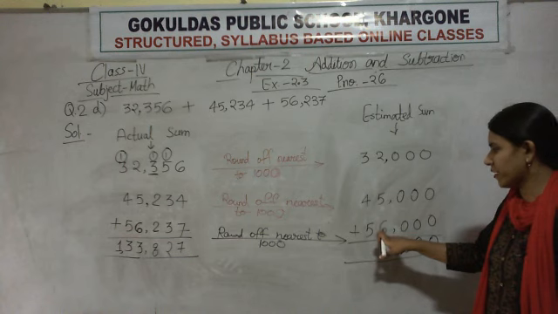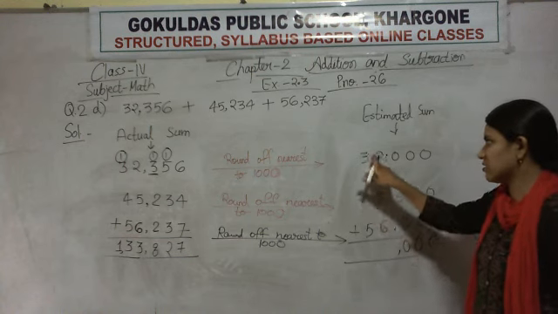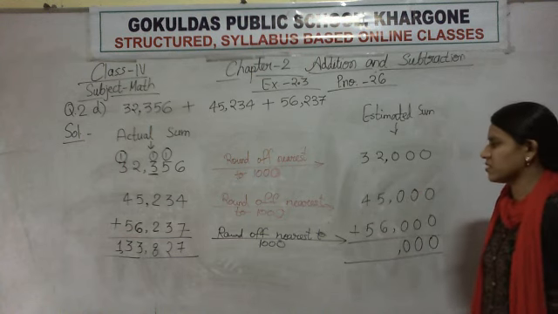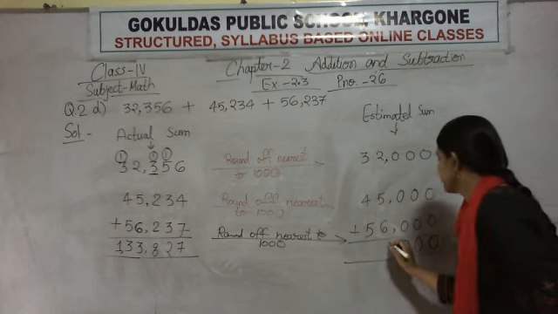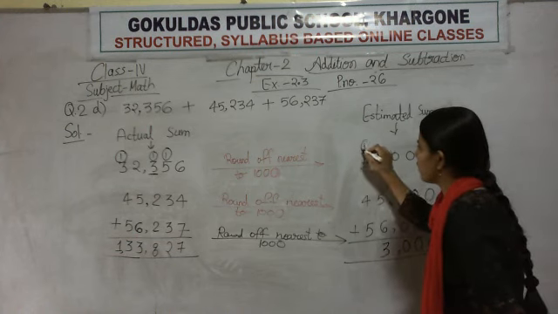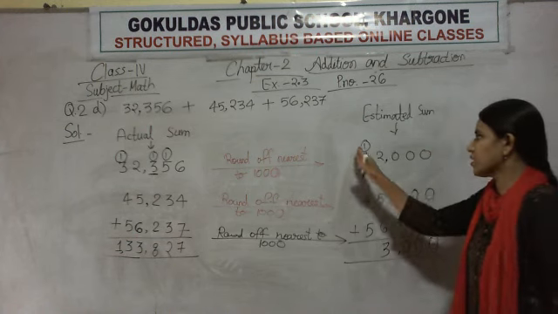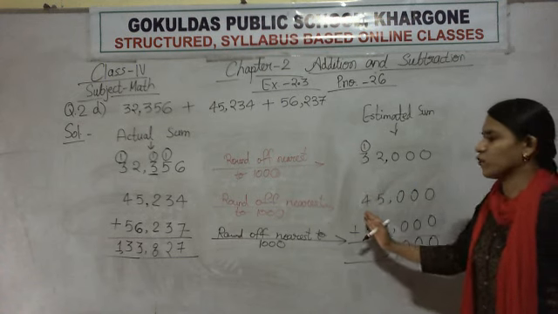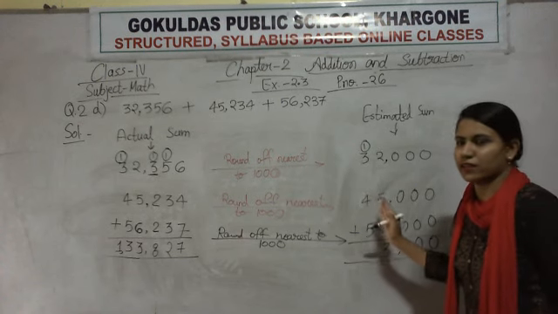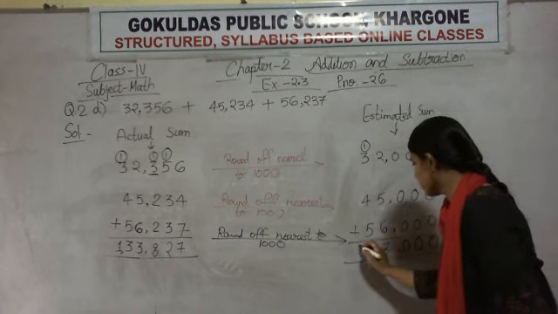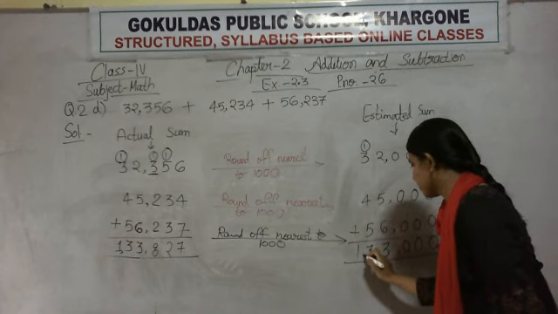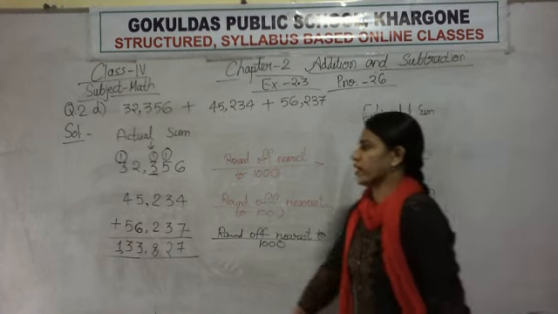You can count on fingers or you can draw these sticks to count. You will write 3 over here and 1 is regrouped with the next column. 1 plus 3 is 4. 4 plus 4 is 8. 8 plus 5 is 13.